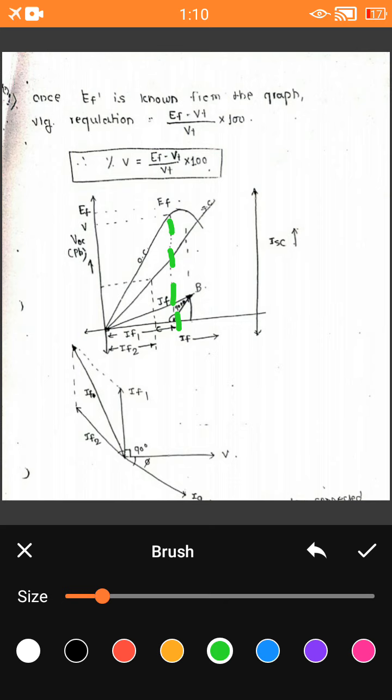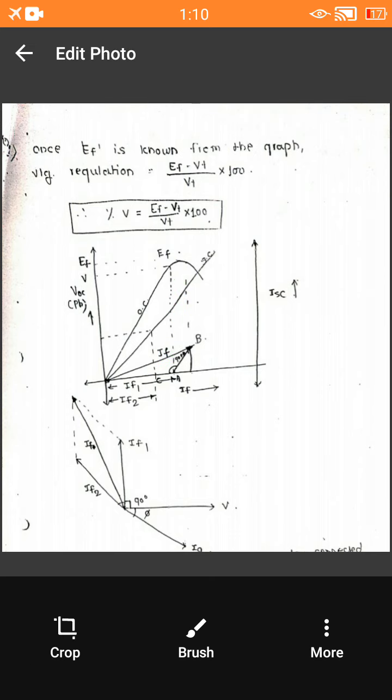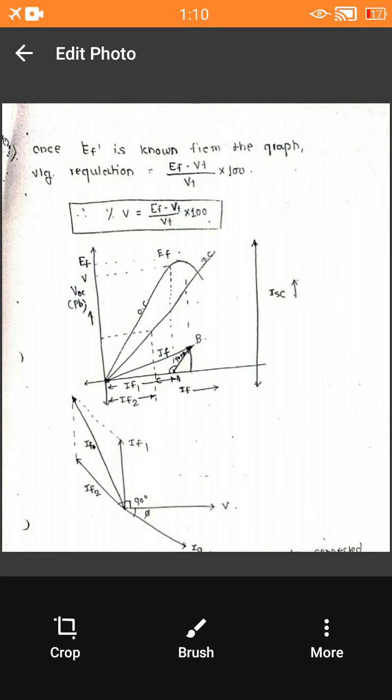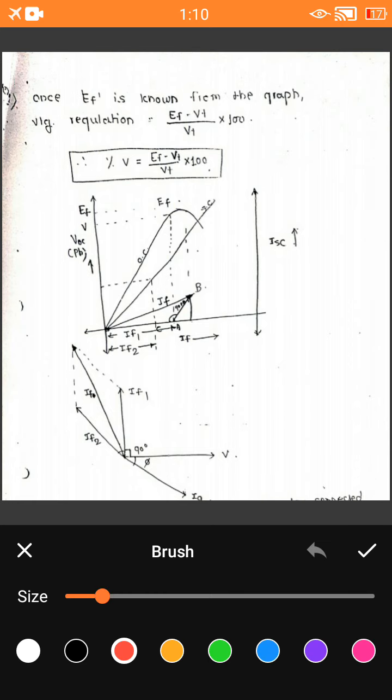This will give you the value of IF1 first. After that we want to find the value of IF2. The IF2 is calculated from the short circuit characteristics.